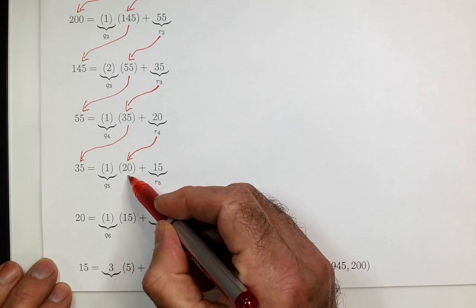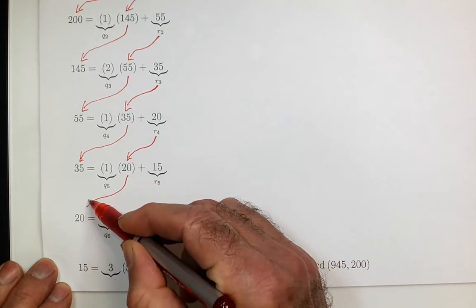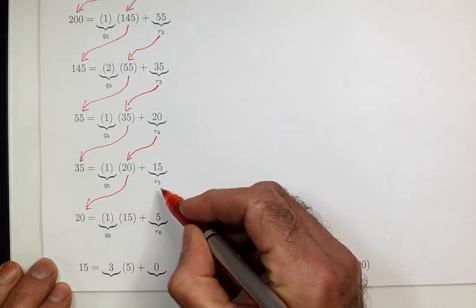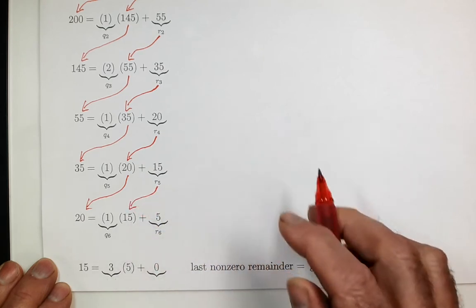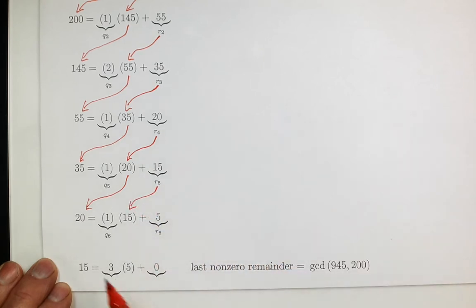Continuing, we'll let the divisor of the previous step be the dividend of the current step, and the remainder of the previous step be the divisor of the current step. 20 is 1 times 15 plus 5. Yep, that works.